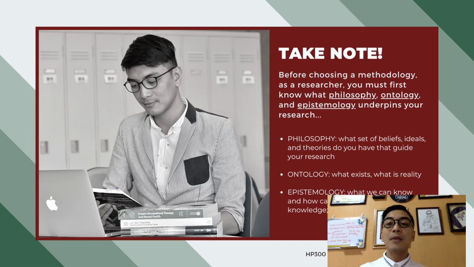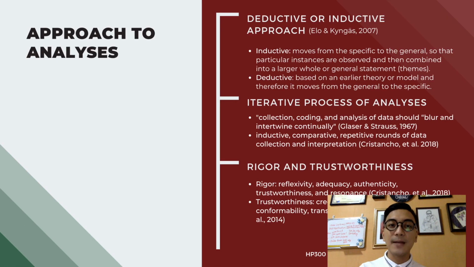So, if positivism means more on quantitative data, interpretivism means that you're leaning towards qualitative data. So, you need to know these differences, yung philosophy, ontology, and epistemology when you are conceptualizing your qualitative research design.